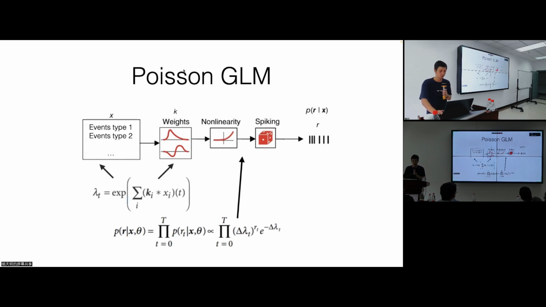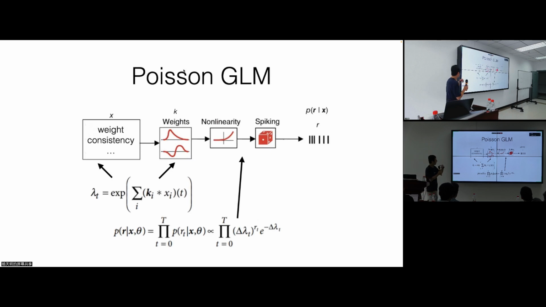I probably would have to skip these mathematical details, but in this experiment, these events are just the properties of the stimulus we provide to the monkey. So we can investigate things like the weight associated with the stimulus, the color consistency, and so on and so forth.